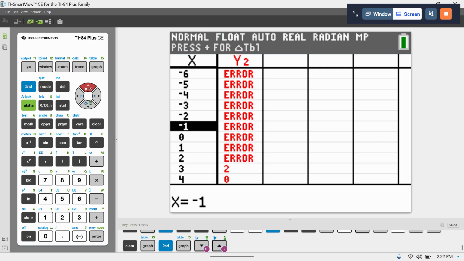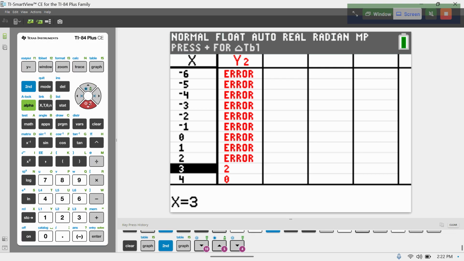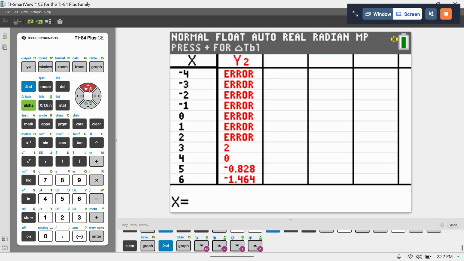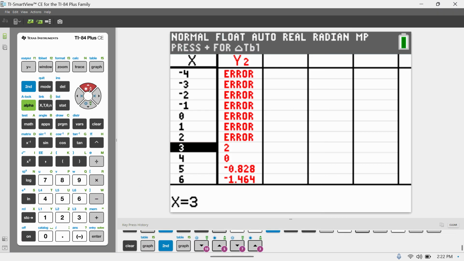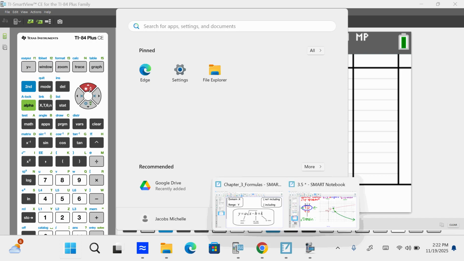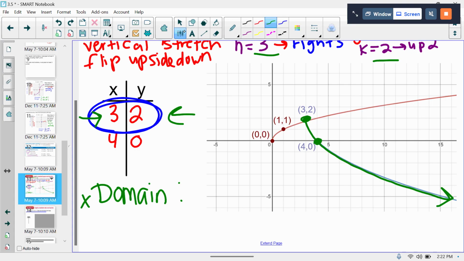We still can't plug in negatives like normal. 3 is the smallest thing we can ever input into the function. So 3, and then from there it goes up forever toward infinity. One way to say it would be x has to be greater than or equal to 3. But in interval notation, you would say 3 to infinity, okay?